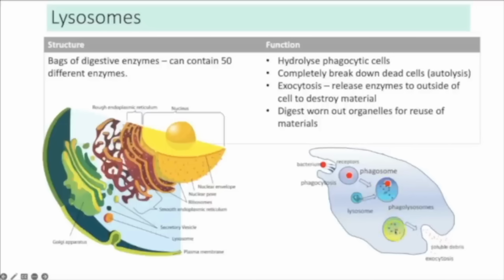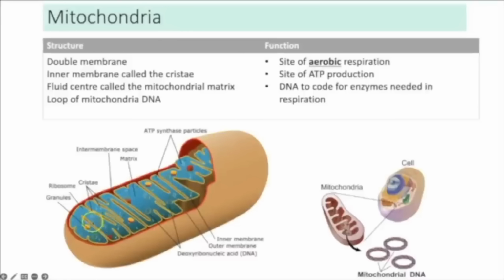Mitochondria are double membrane bound organelles. So we have an outer membrane, and the inner membrane is shown here in yellow. It folds in to create the cristae. The fluid centre in the middle is called the mitochondrial matrix, which is the site of some of the stages of aerobic respiration. They also contain their own ribosomes and loops of DNA so that they can create the enzymes necessary for respiration inside the organelle itself.